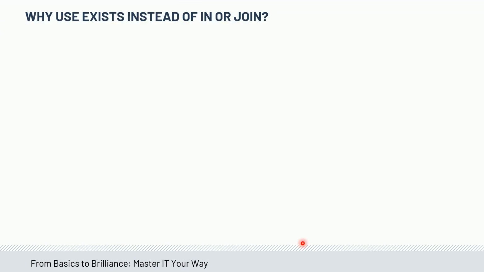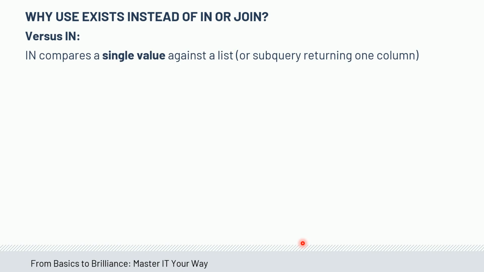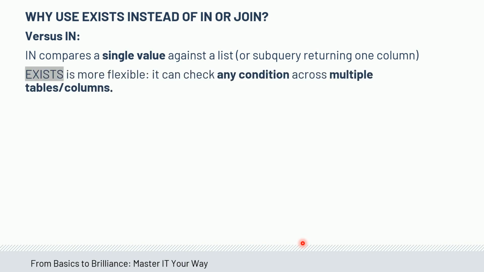So why use EXISTS instead of IN or JOIN? Because in our previous lessons, we've touched on IN and the various joins. So versus IN, IN compares a single value against a list or subquery returning one column. EXISTS is more flexible.